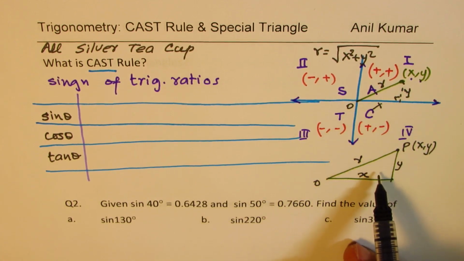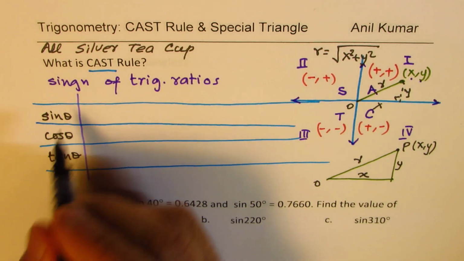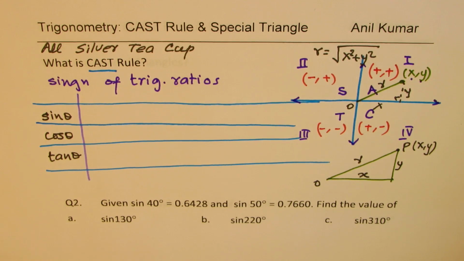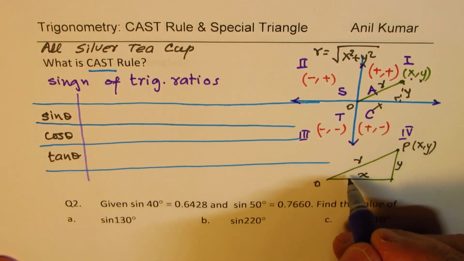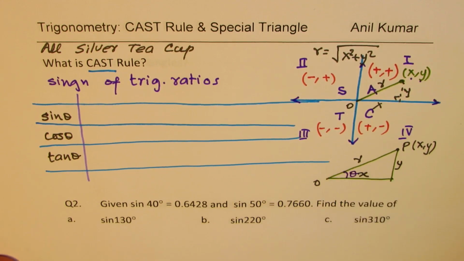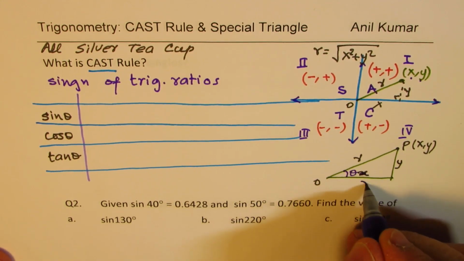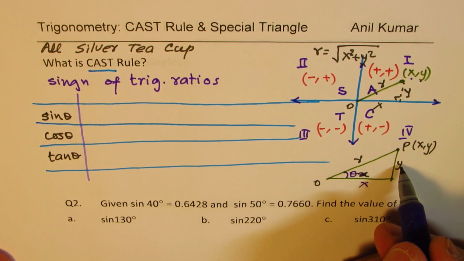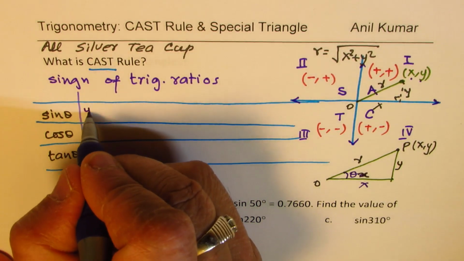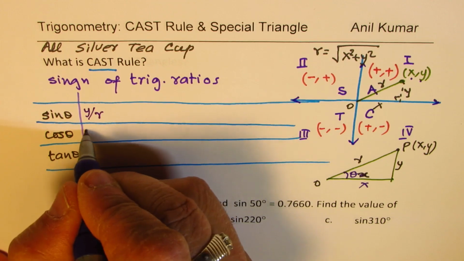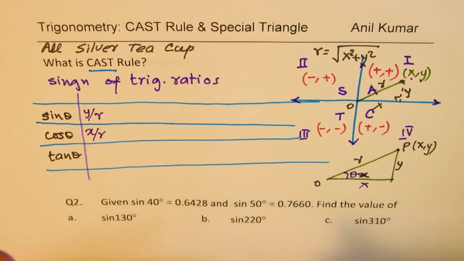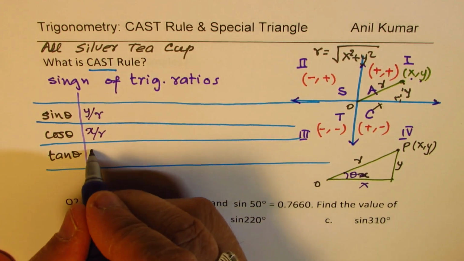Now if you are in quadrant 1, both are positive. These ratios of sine theta, cosine theta, and tan theta with respect to this triangle and the angle theta here: sine theta is y over r, cos is x over r, and tan is y over x.